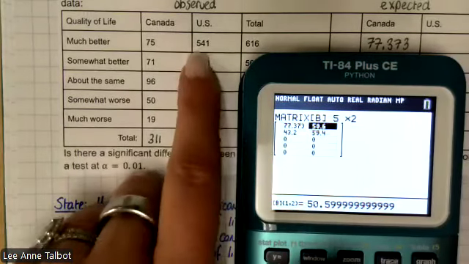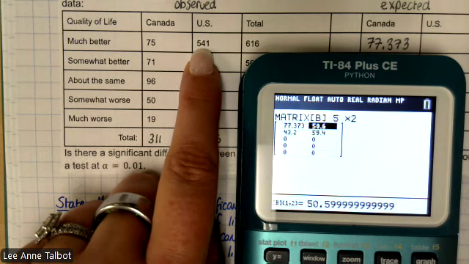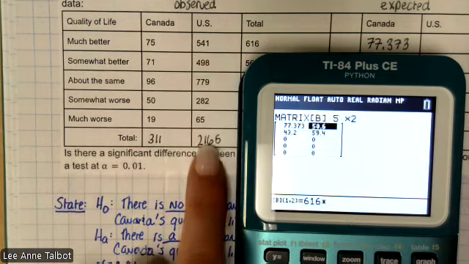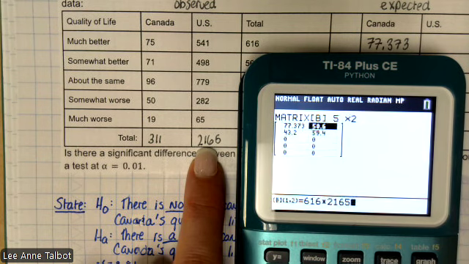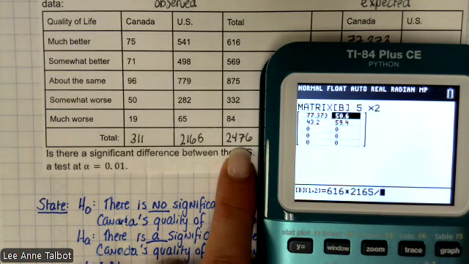Next one. Let's do this one here. Row total, 616 times column total, 2,165 divided by total total.